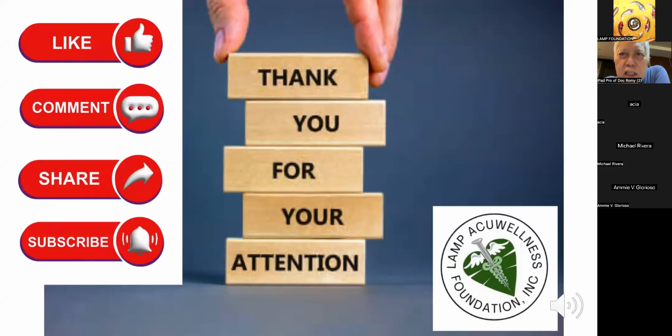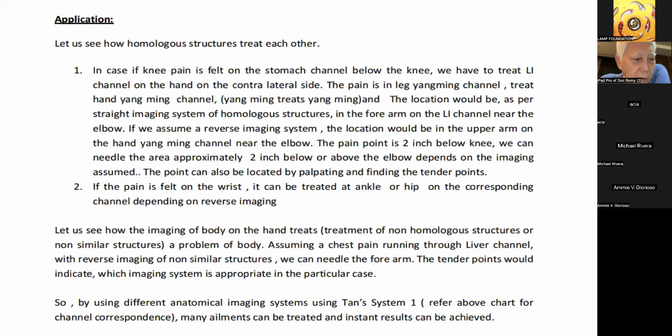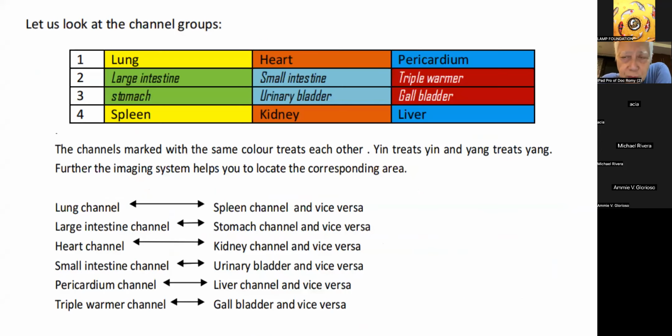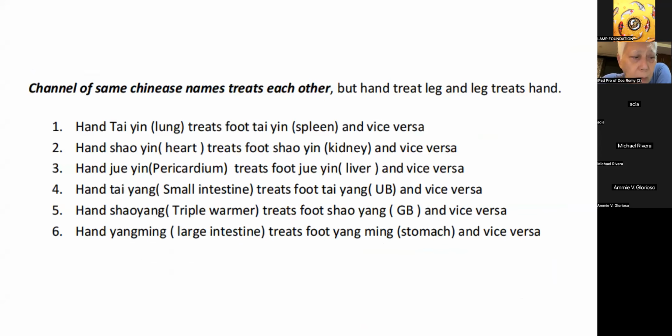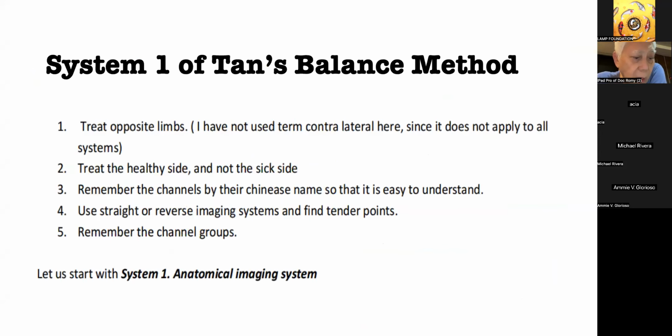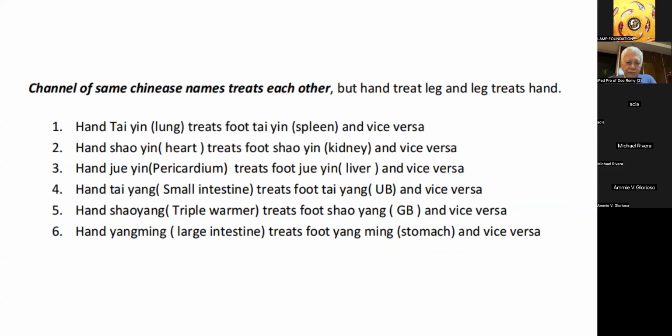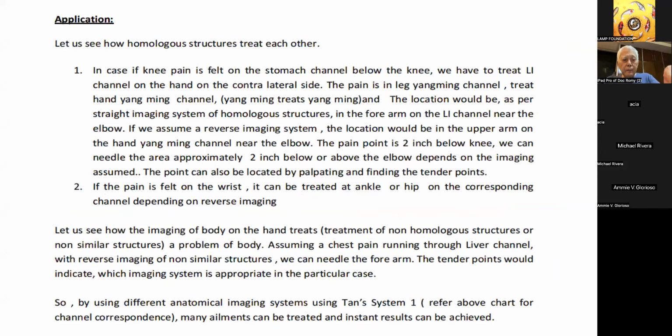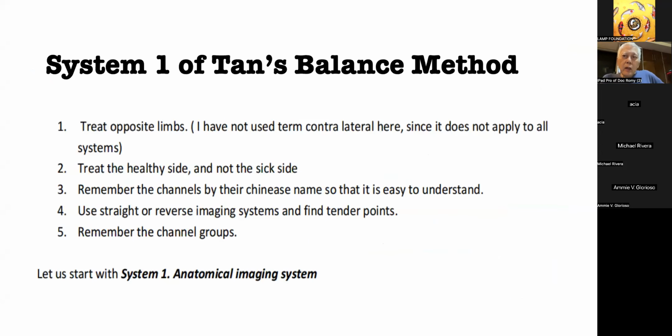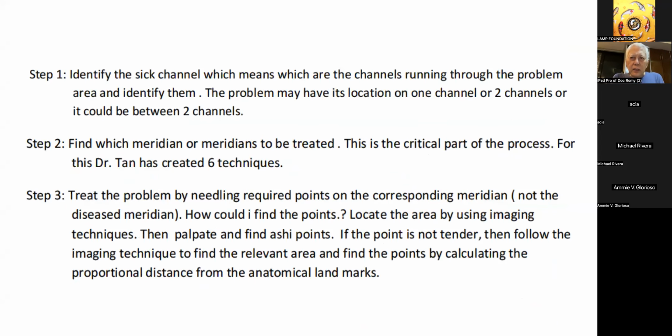In all of this system, there are three things that you must ask yourself. Number one, you must find out what is the sick meridian. And number two, using system 1 to 5, the next thing you do is ask yourself, what is the balancing meridian?